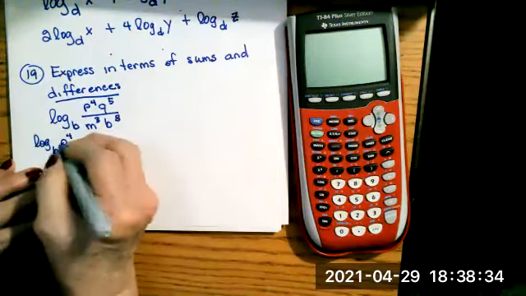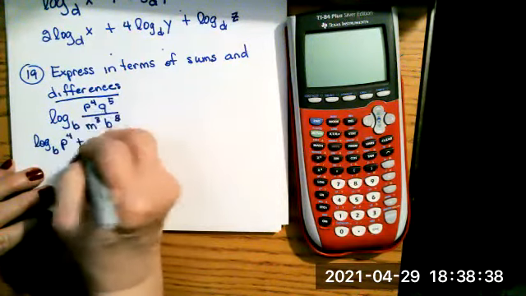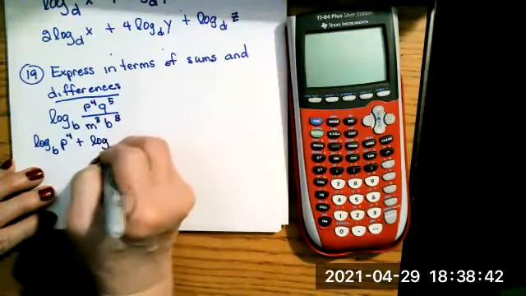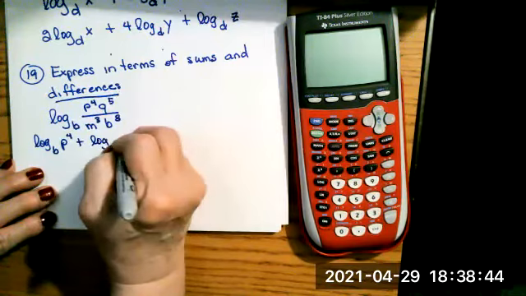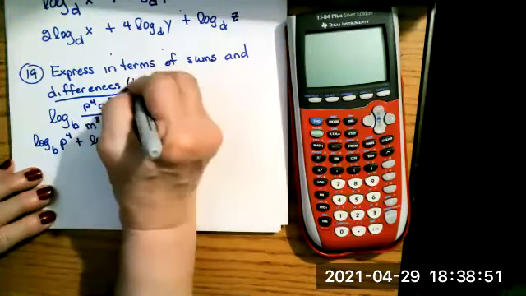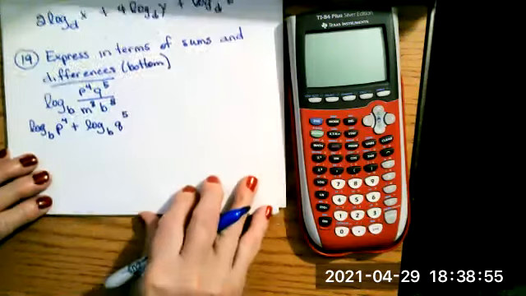All right, so log base b of p to the 4th plus, notice that's a plus because that's a product up there on the top, and it's on the top, so you want to do a plus. Q to the 5th. Now these things that are on the bottom are going to be the differences. Those are the ones that are on the bottom that will be differences.